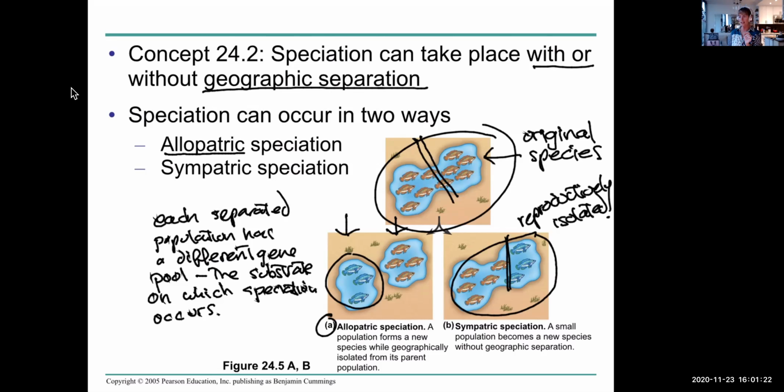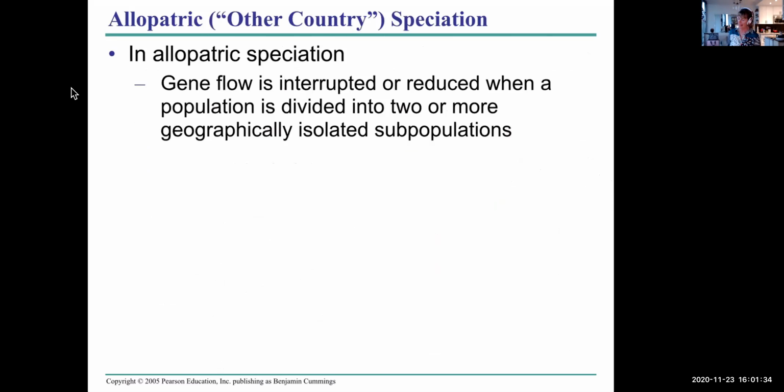So the small fishes chose the other smaller fishes for reproduction, and the larger ones chose the larger ones. And eventually there's quite a dichotomy of size in that population. So allopatric means other country. Yeah, gene flow between two separated populations is interrupted or reduced. So two or more geographically isolated subpopulations.